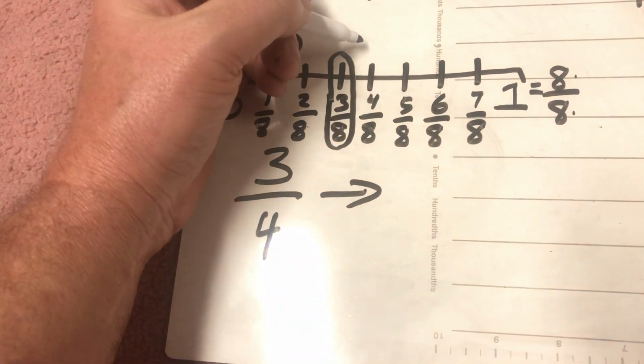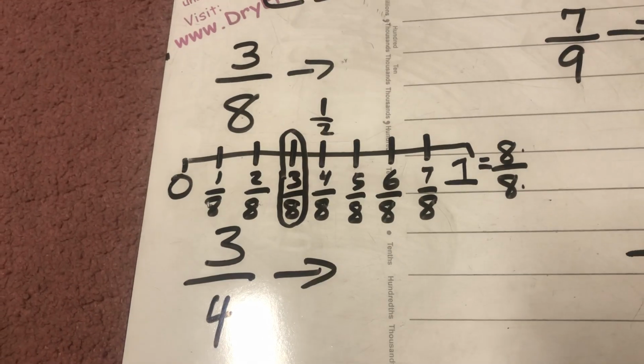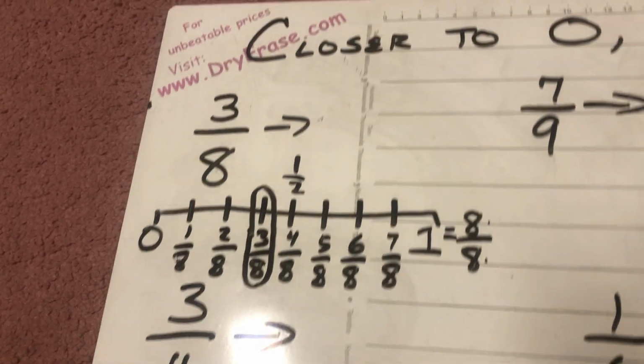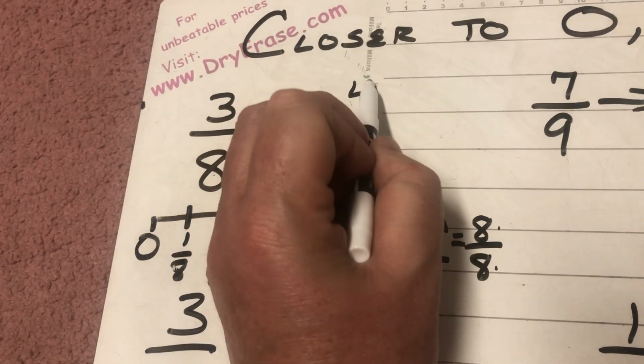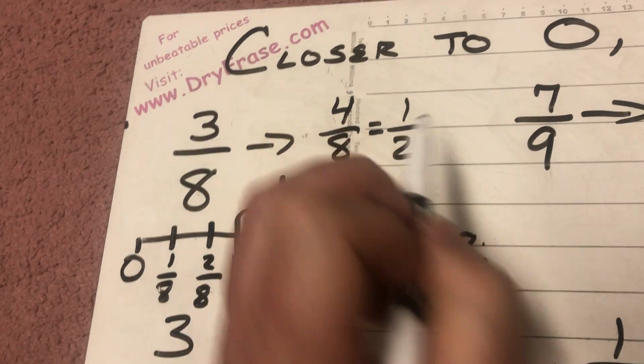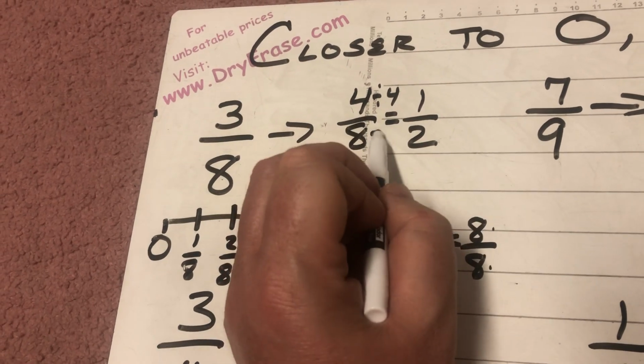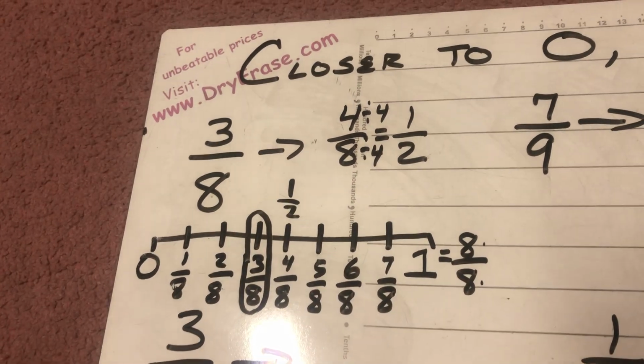So I know that this is 1/2, where 4/8 is. And plus, if I go to simplifying my fractions, which is what I did yesterday, I can see that 4/8 is equal to 1/2 because 4 divided by 4 is 1 and 8 divided by 4 is 2.